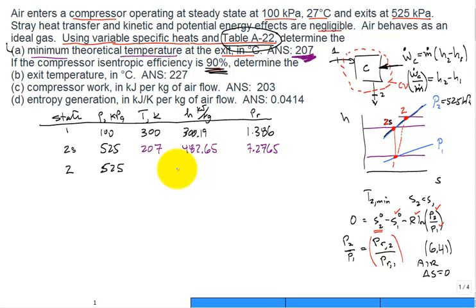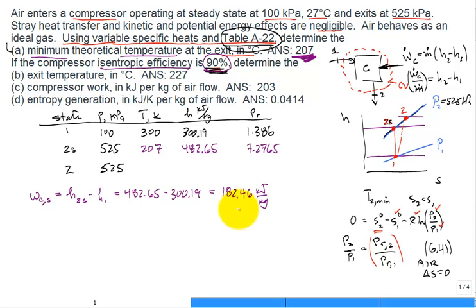All right. Now we're going to use the isentropic efficiency as 90%. Okay, how do we use that? Well, we can calculate the work that the compressor would need if it was isentropic. That's just H2s minus H1. Well, we just calculate H2s, 482.65 minus 300.19. So it would require, for every kilogram that went through it, 182.46 kilojoules of work per kilogram of air going through.